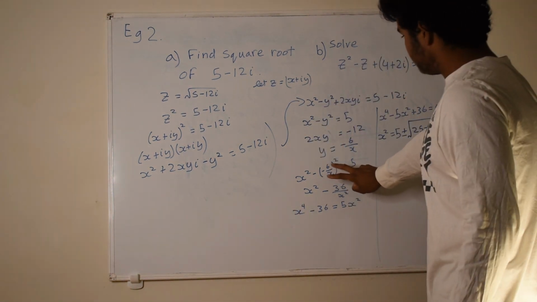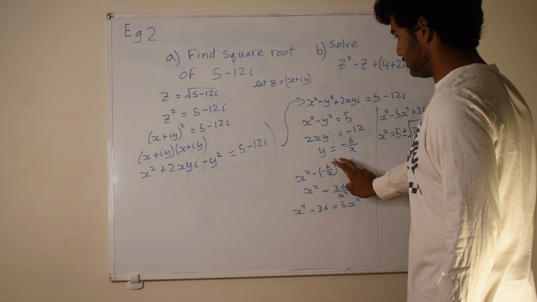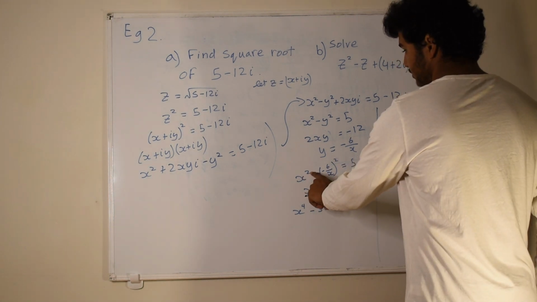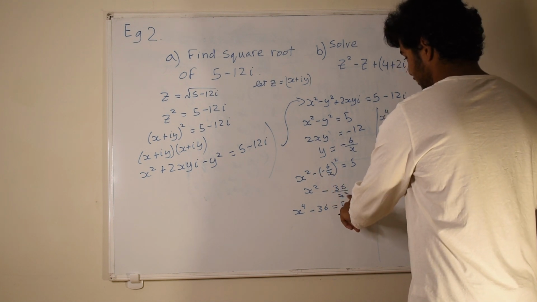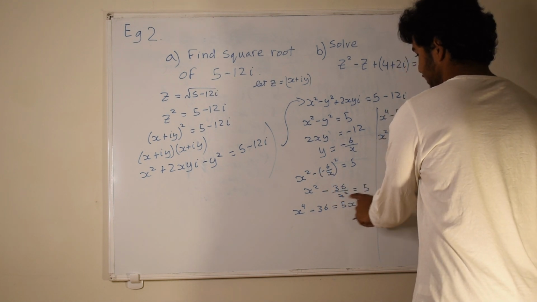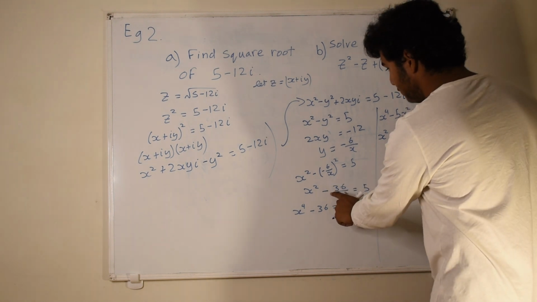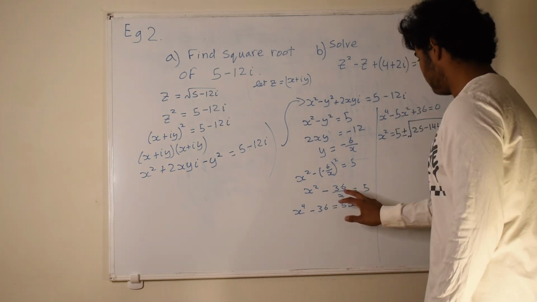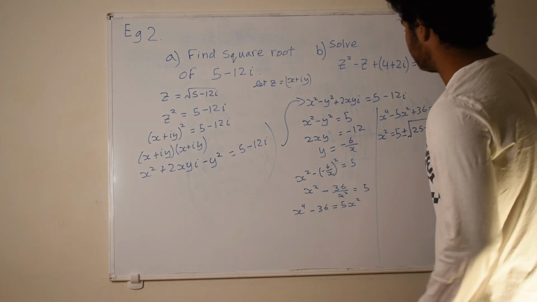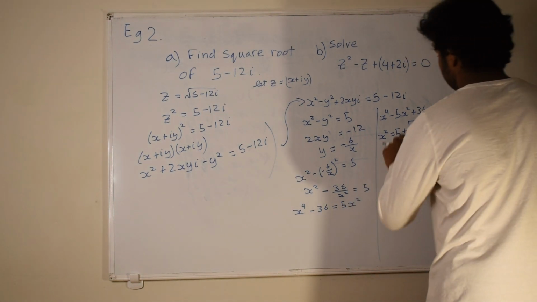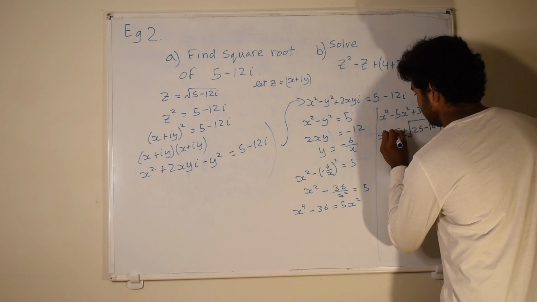Because when we square inside the brackets, the negative 6 cancels out, so that becomes x squared minus 36 upon x squared. So multiplying by x squared, we get x to the power of 4 minus 36 equals 5x squared. That makes sense.